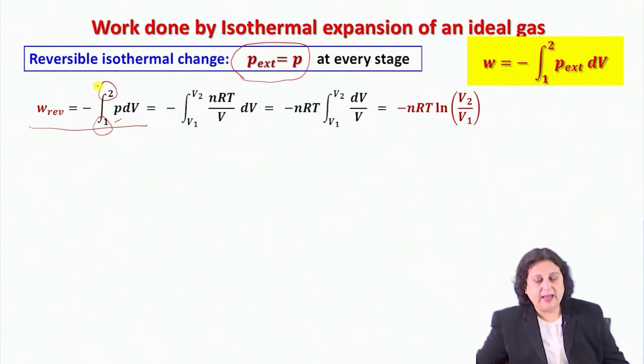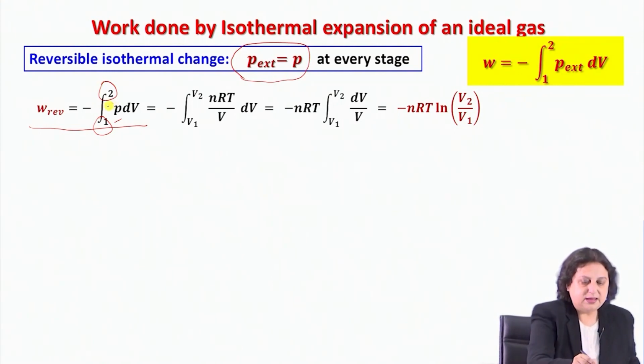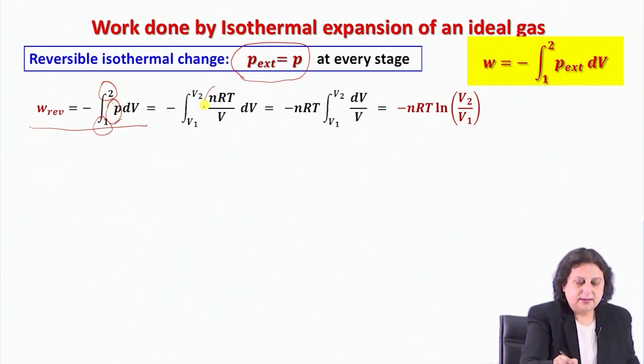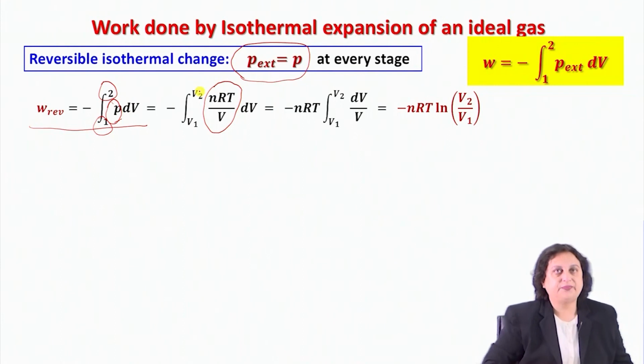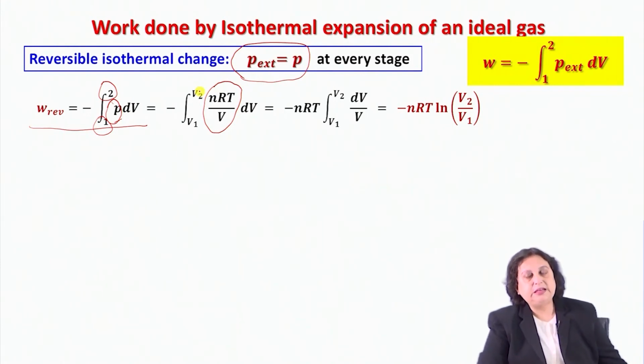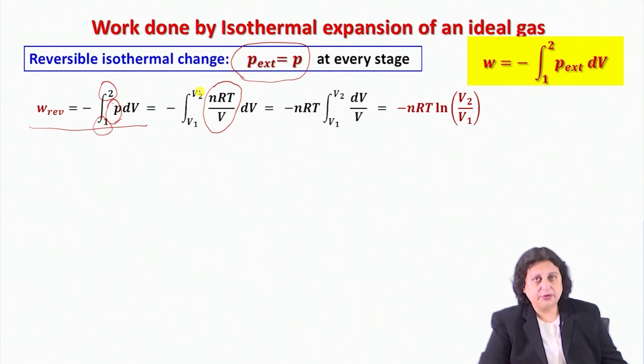Now, since I have an ideal gas, I can replace the P here by the corresponding expression expressing P in terms of its temperature and volume and the number of moles. Now look at the integrand, and you see that it is now a function of temperature, volume and n.